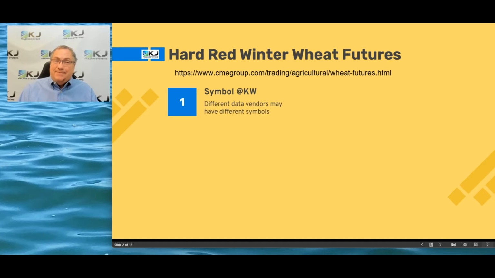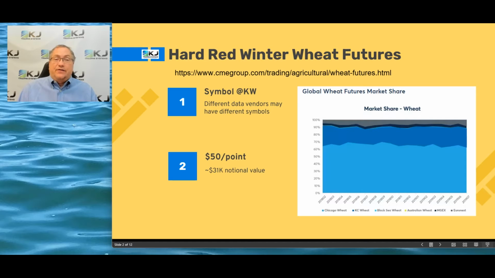It's not the same as normal wheat, and you can see that by the symbol. In Tradestation, it's KW. Some different vendors have different symbols, so you might want to check with your particular data vendor. And the way it's set up, it's $50 a point for the futures, and it has about a $31,000 notional value at the time I'm making this video.